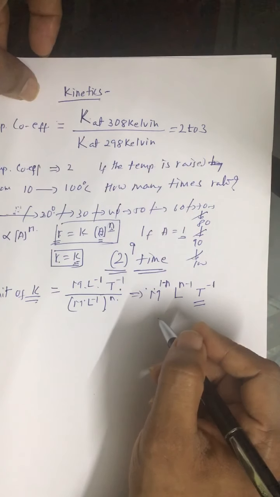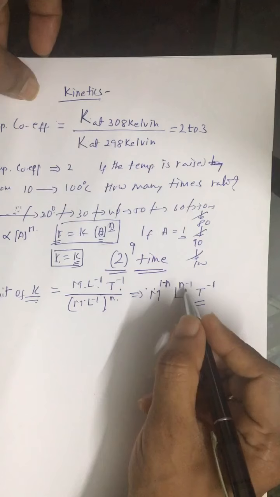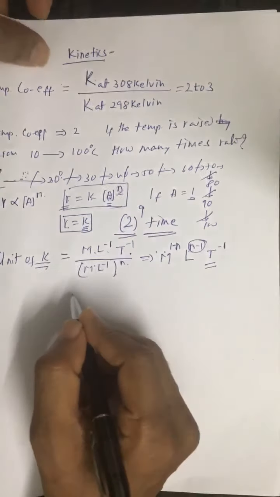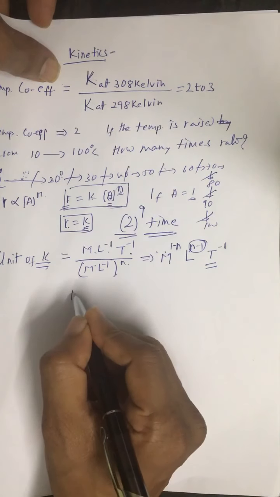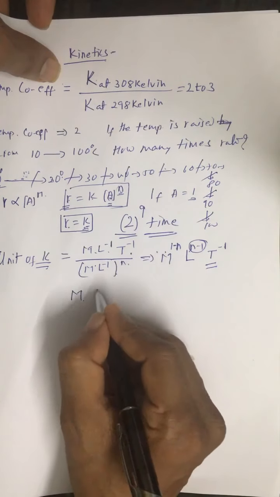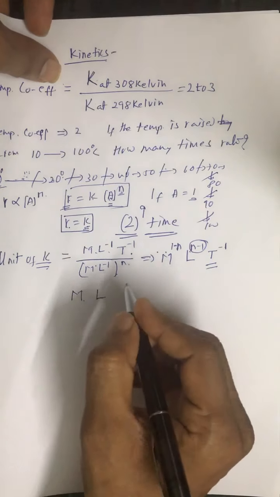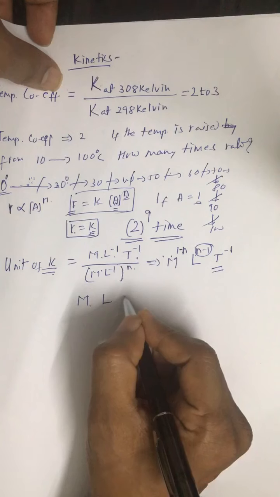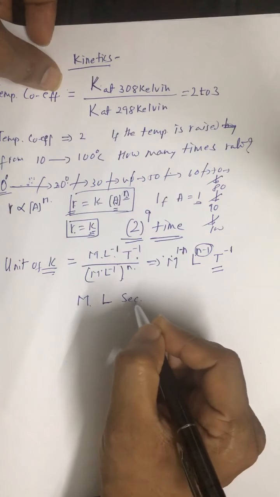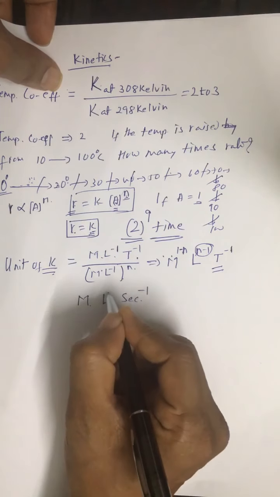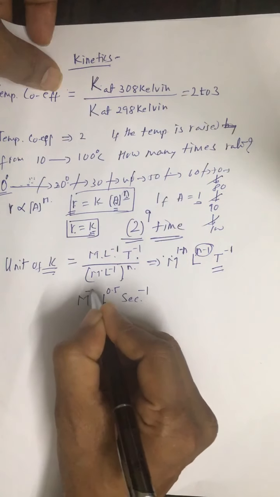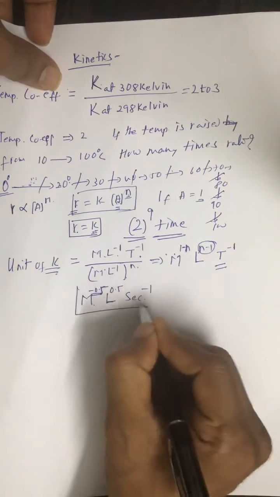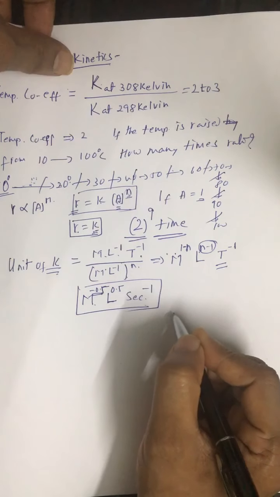So you should be careful. Whatever is the exponent of liter, like suppose we are given that the unit of velocity constant for a reaction is liter to the power 0.5 mole to the power minus 0.5 per second. What is the order of reaction?